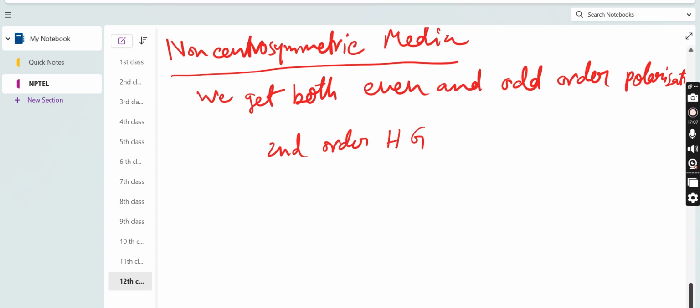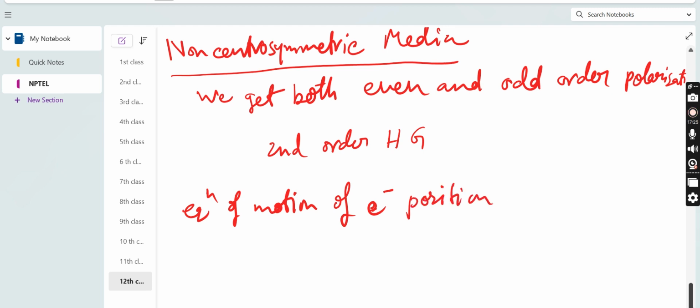And for the case of non-centrosymmetric media, the equation of motion of the electron position is of the form like this.